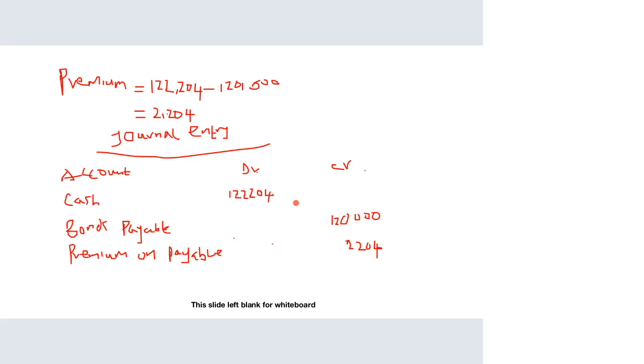Now, using the straight line bond amortization method, the premium is simply amortized at the rate of 2,204 divided by the payment periods, which is 4, for each 6-month period. So maybe we can show that.